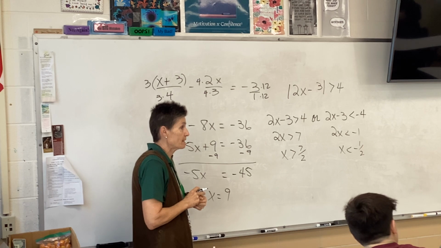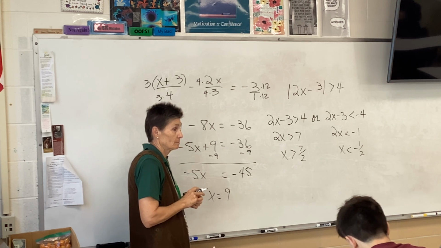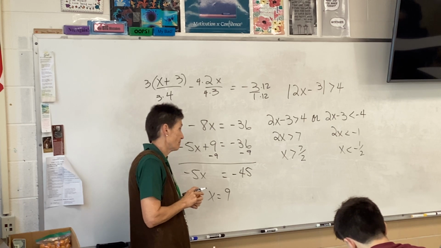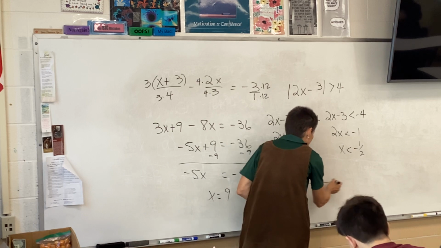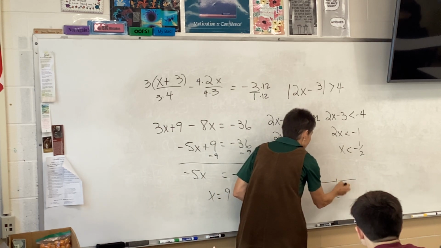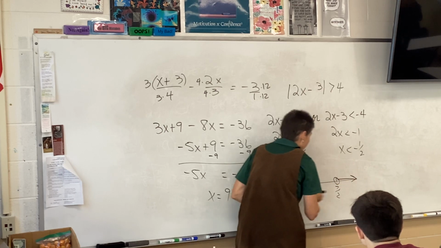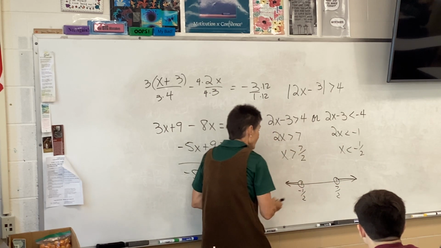Nothing hard or tricky about that. Okay, so let's look at it on the number line. Let's see if we can figure out how to write our answer. So here's 7/2 and shaded that way. Here's -1/2 and shaded this way.